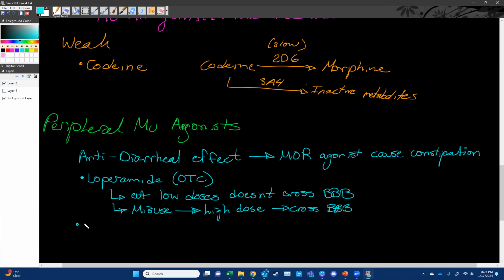The other one that you'll see a lot of the times is diphenoxylate. Oh, sorry, did I call this Lamodal? This is Imodium. Diphenoxylate is combined with atropine as a misuse deterrent.